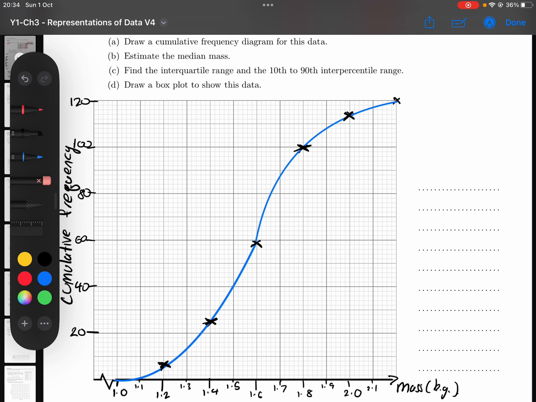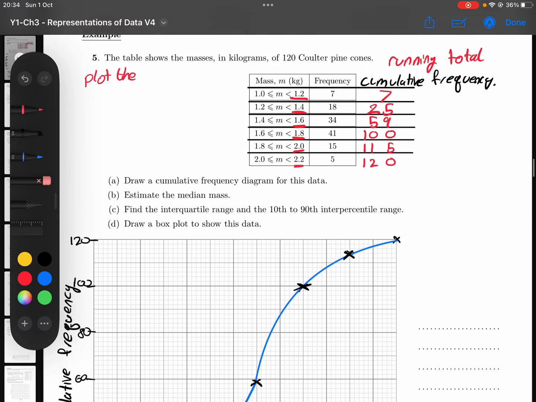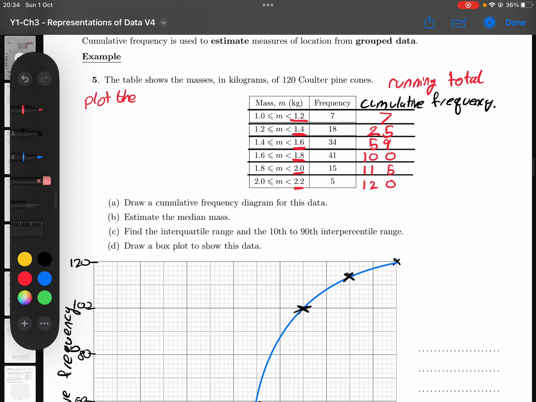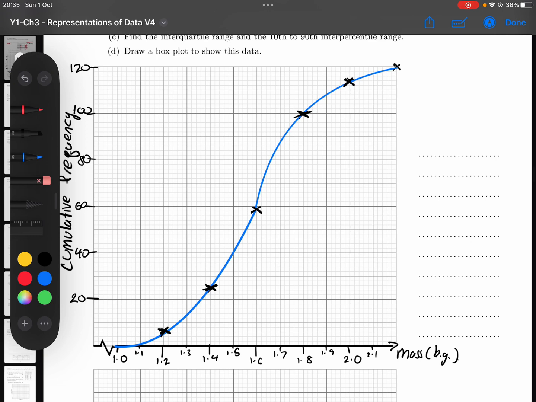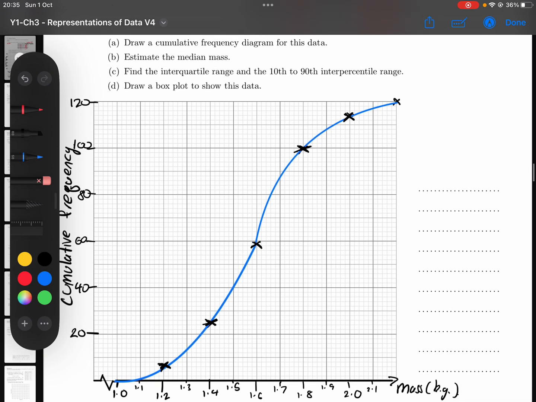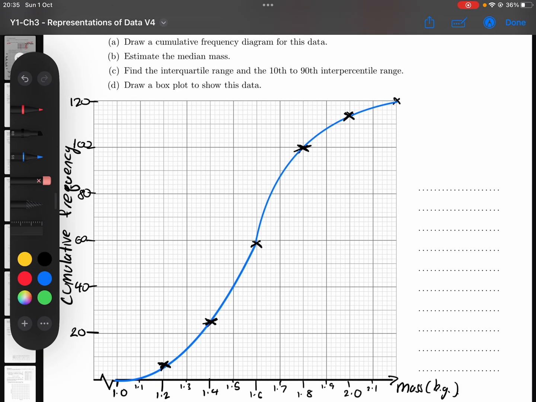If we wanted to estimate the median mass, we would normally use interpolation to do that. However, a cumulative frequency diagram gives us another method to estimate the mass of the median.